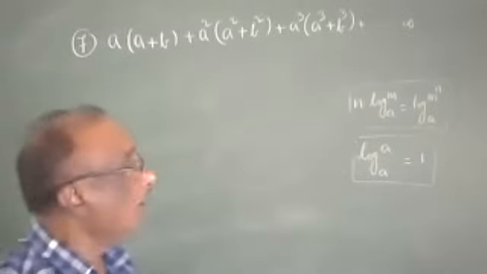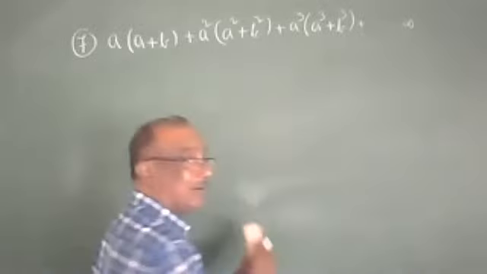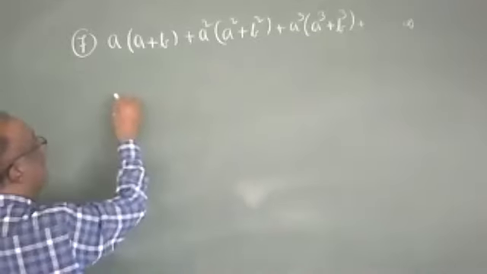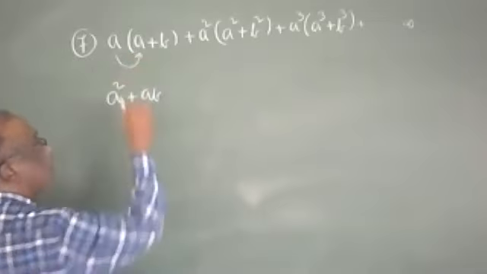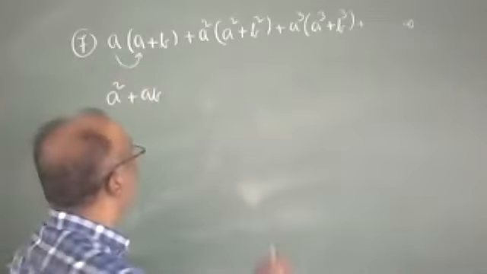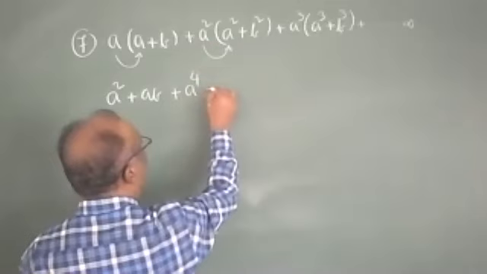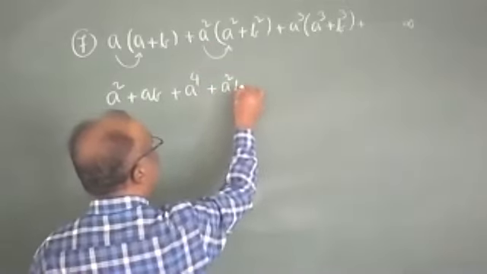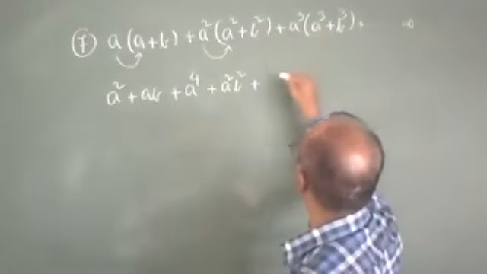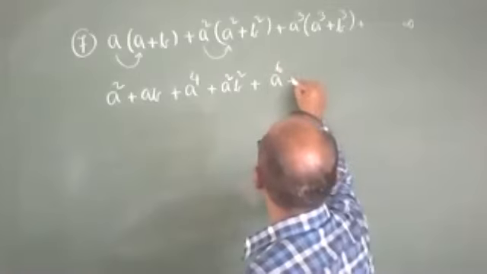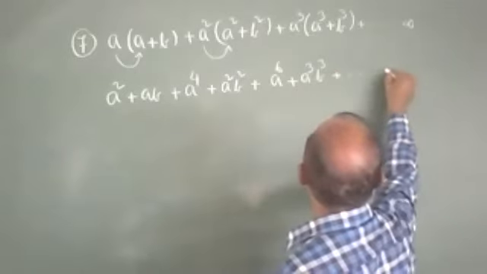Multiply. First open the brackets, everyone. A into A square plus AB. Next, open A square into A square, A power of 4 plus A square B square. Next, open the bracket. A power of 6 plus A cube B cube. And so on infinite terms.